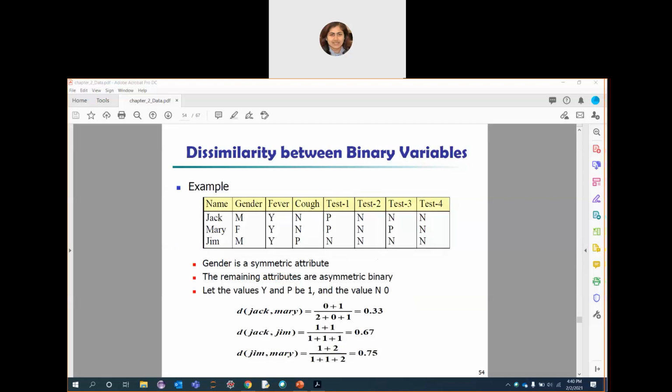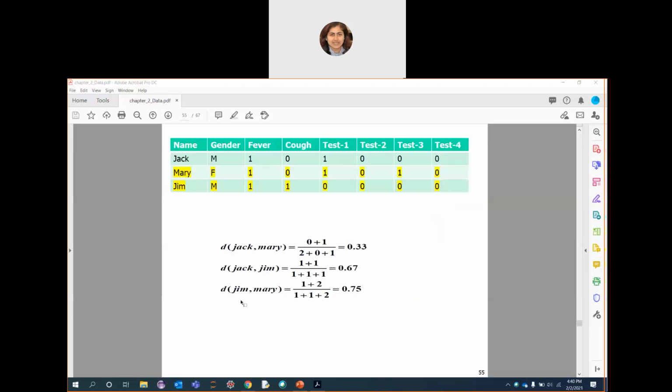Just one moment. So just to simplify, I have taken another slide here. First, we want to find out the proximity measure between Jack and Mary. So if you refer to the previous slide, the formula is what?